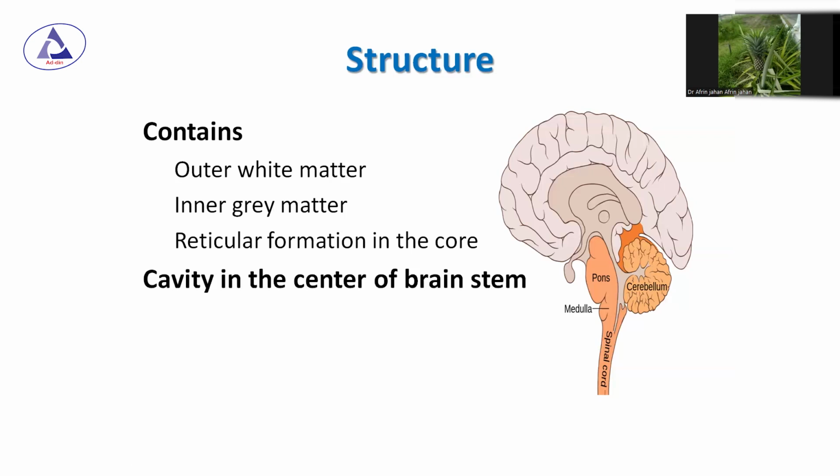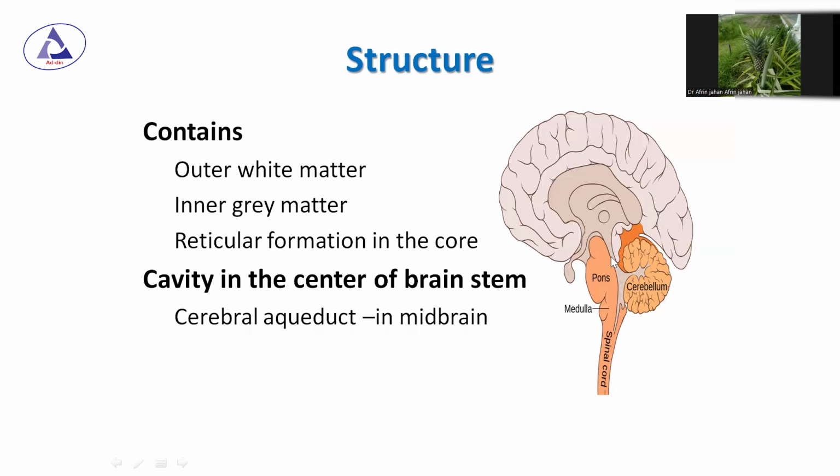What are the cavities present in the brainstem? This cavity is cerebral aqueduct. This is cerebral aqueduct. This is present in midbrain. This cerebral aqueduct communicates between the third ventricle of the forebrain and the fourth ventricle.